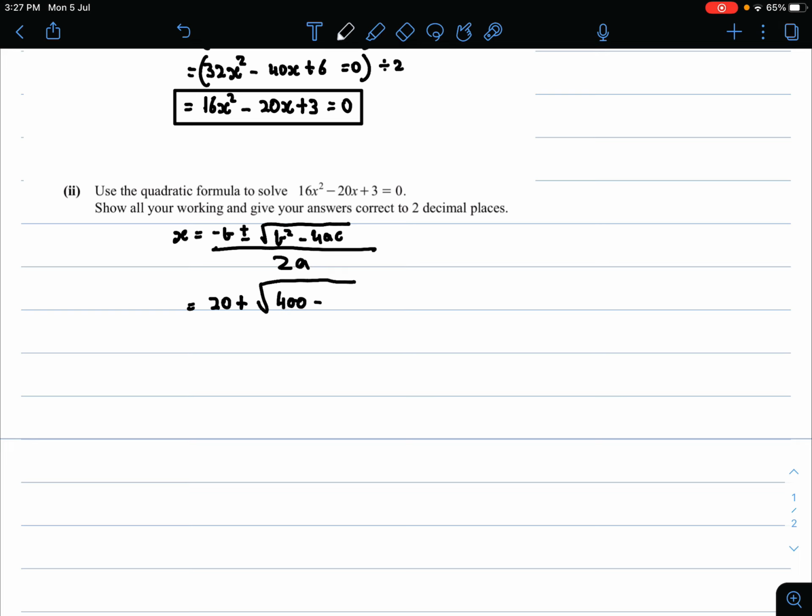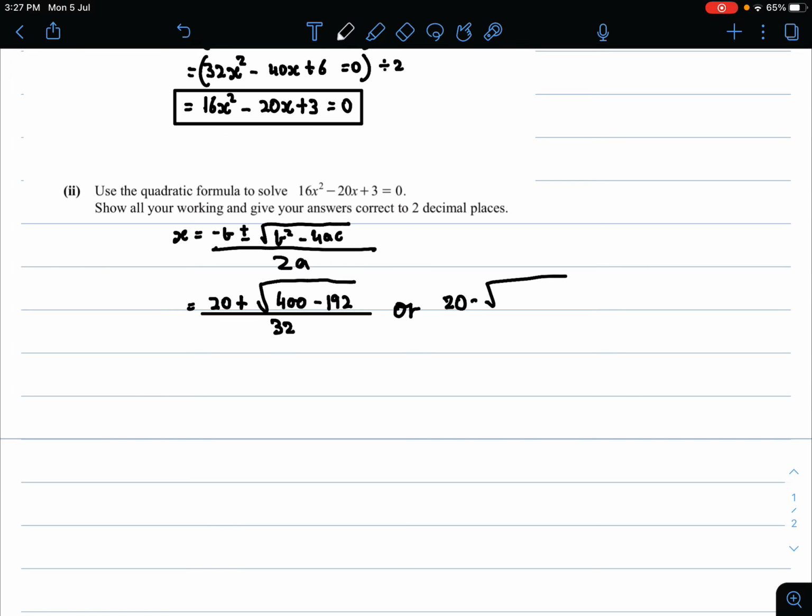So 4 times 16 times 3 is 192. So therefore 400 minus 192 and divided by 2a, so 16 times 2, which would be 32. Or we have to work out the negative scenario as well.